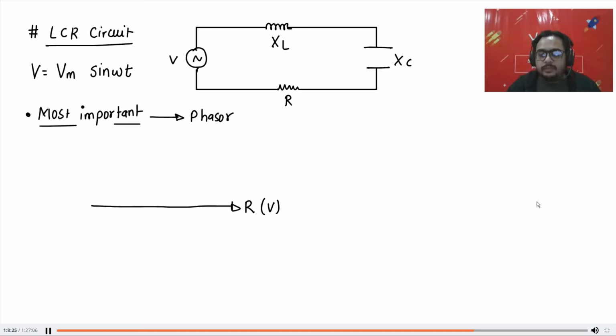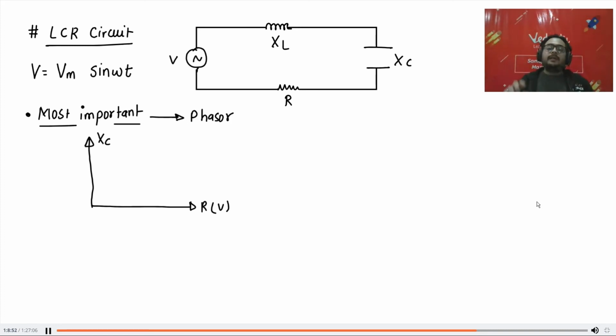If this is the voltage line, where should the current of the capacitor be? Very good. No, not below. Capacitor wants current to be ahead, so you draw it here. This is called XC. It should be above because it wants current to be ahead. Are you getting my point?